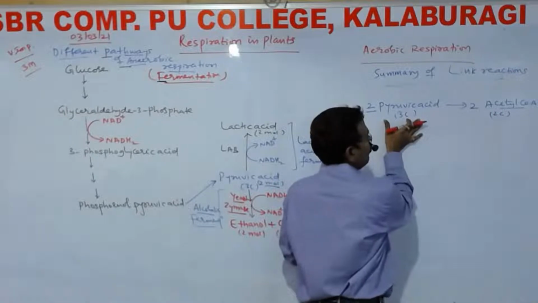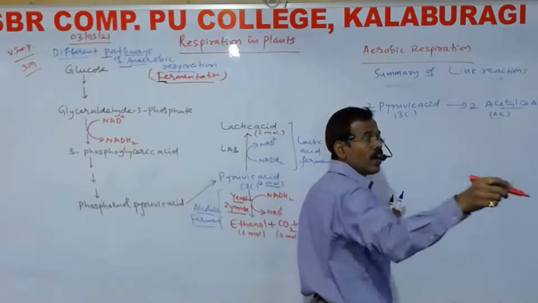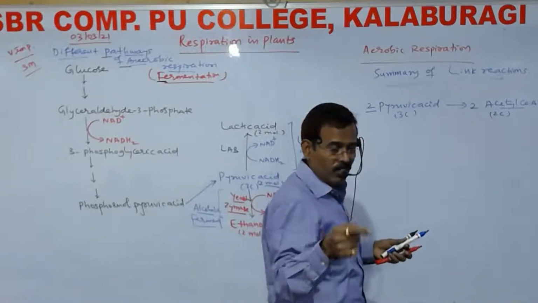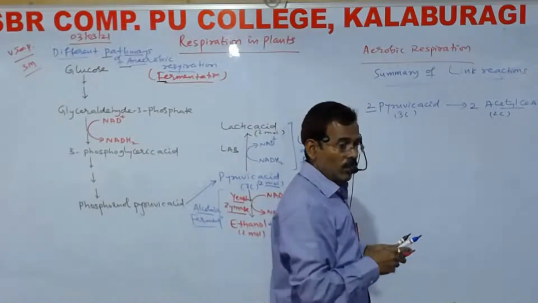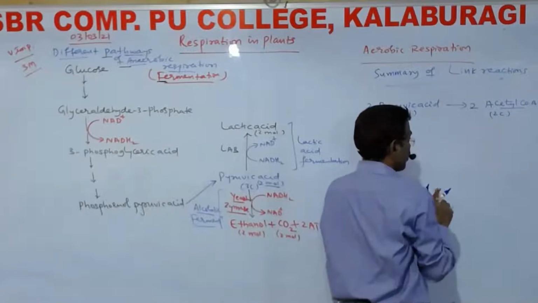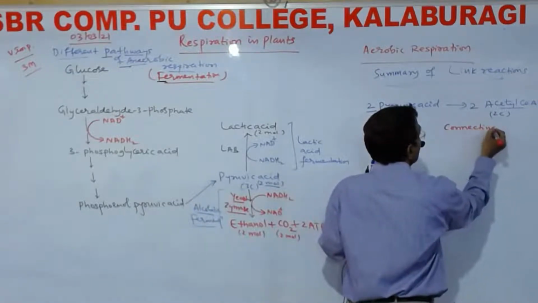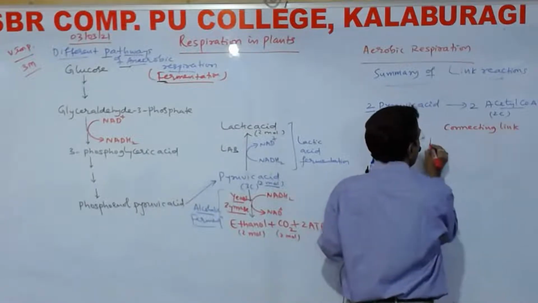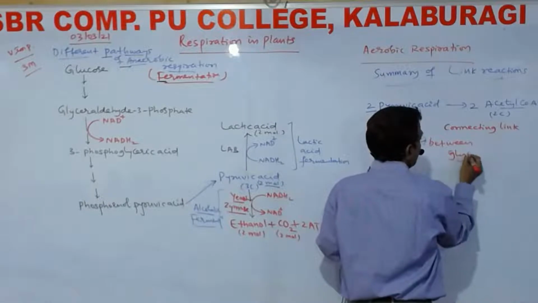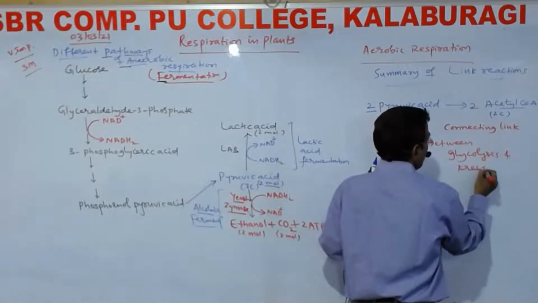The 2 molecules of pyruvic acid have undergone oxidative decarboxylation. That step name I gave yesterday. The chemical reaction is called oxidative decarboxylation. So we got 2 acetyl coenzyme, and what I said, this acetyl coenzyme is known as the connecting link between glycolysis and the Krebs cycle.